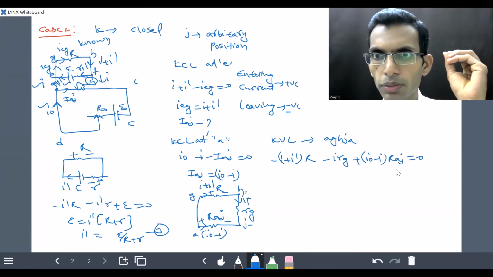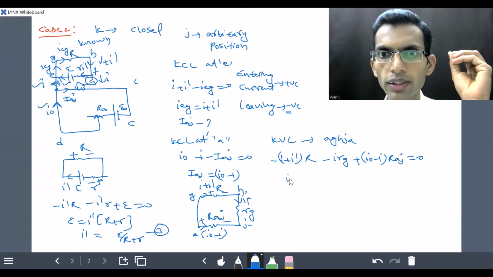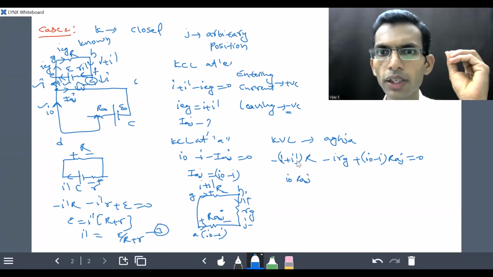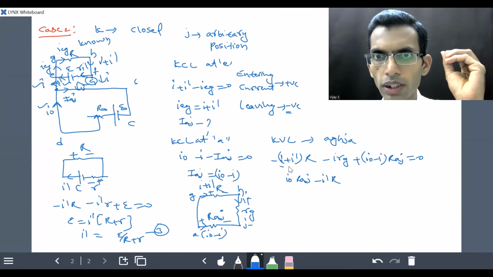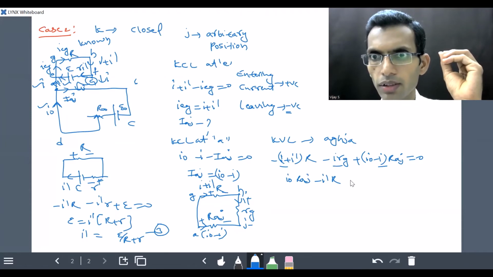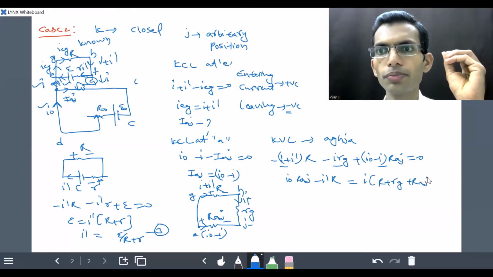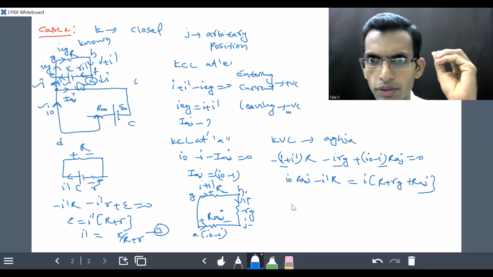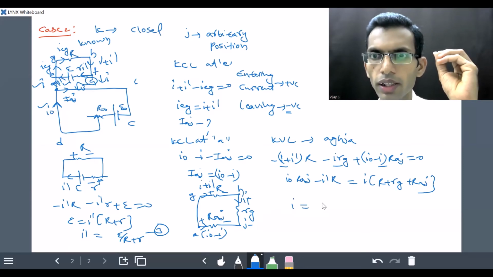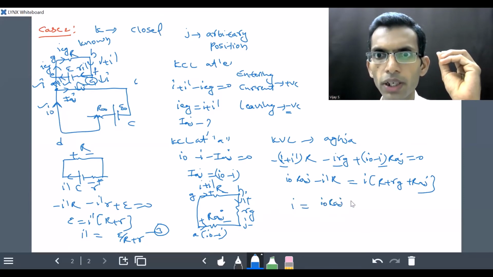So when we separate the terms, what we are going to get? I naught RAJ minus I dash R. Yeah. So here I terms you can see 3 are there. So when we take the other side, we are going to get R plus RG plus RAJ. Right. So what we are going to get? Current as I naught RAJ minus I dash R by R plus RG plus RAJ.